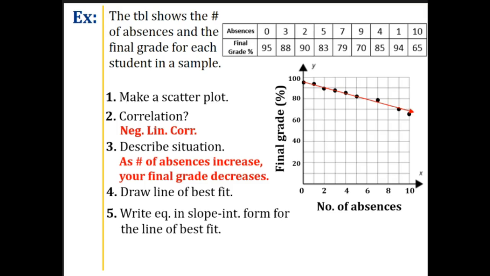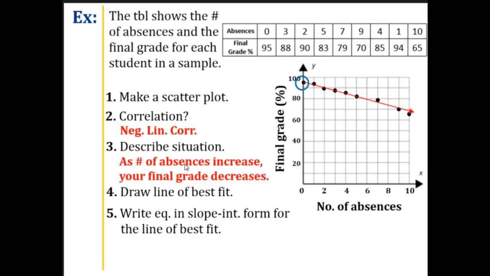So now we're going to write an equation in slope-intercept form. So that means it's going to be y equals something x plus b. So what is my y? We just talked about the y-intercept. It's going to be 95, right? So let's see if we can find another point that intersects pretty closely. You can use the points above to figure that out.